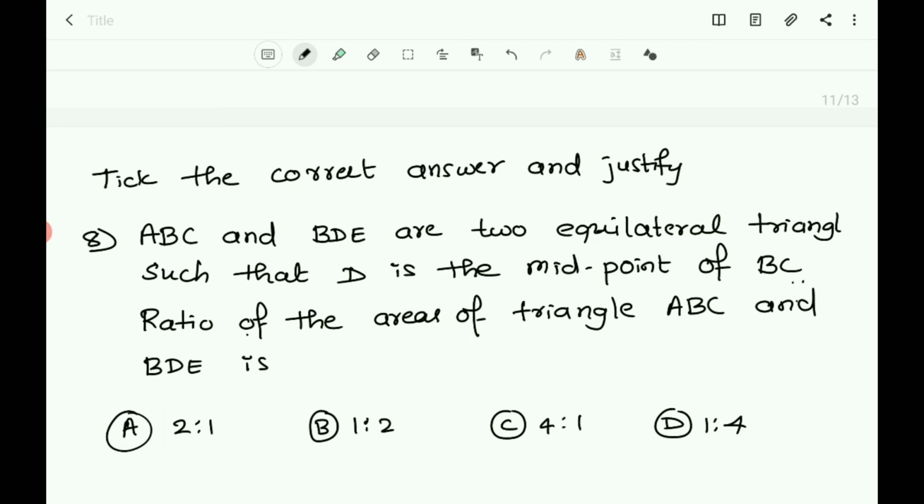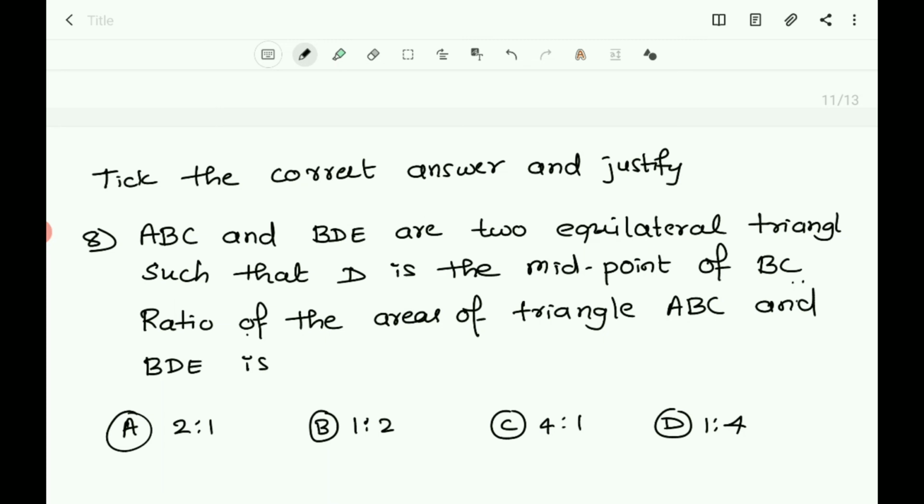Here, 8th question. ABC and BDE are two equilateral triangles such that D is the midpoint of BC. Ratio of the areas of triangle ABC and triangle BDE is.